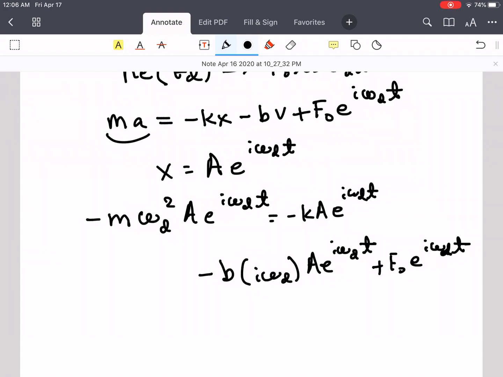So again, because I've chosen all of these to be the same exponential, they cancel out.